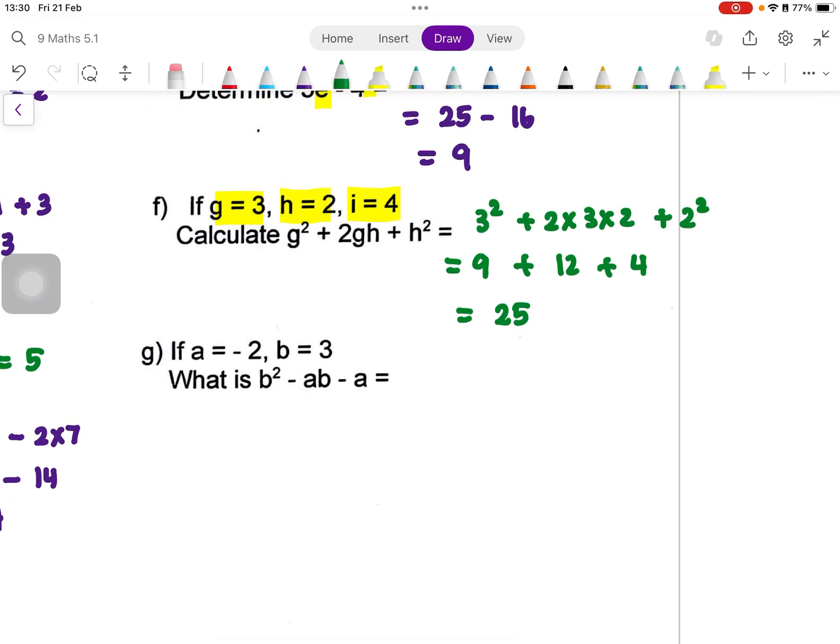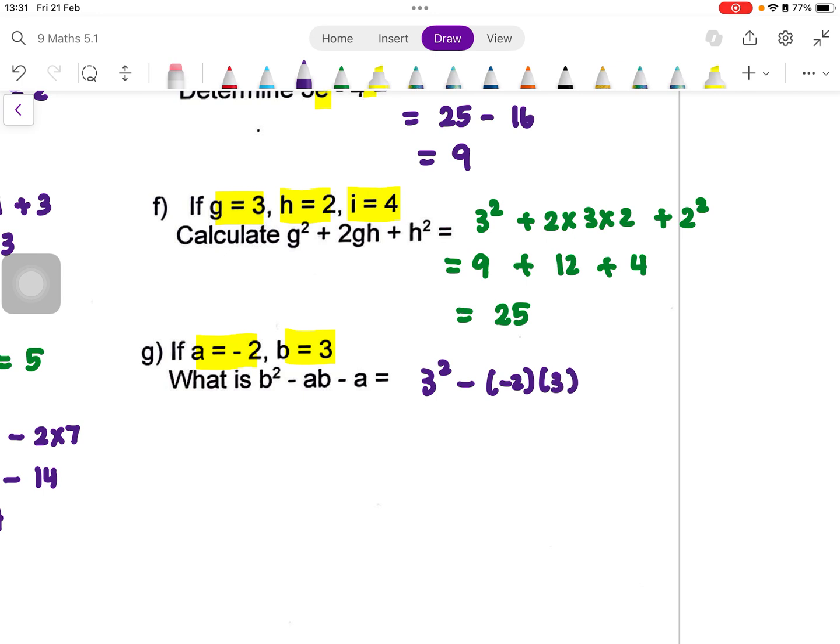If a equals negative 2 and b equals 3, what is b squared minus ab minus a? All right, b squared means 3 squared. Let me use a different color pen. 3 squared minus ab. A itself is negative 2, b is 3.